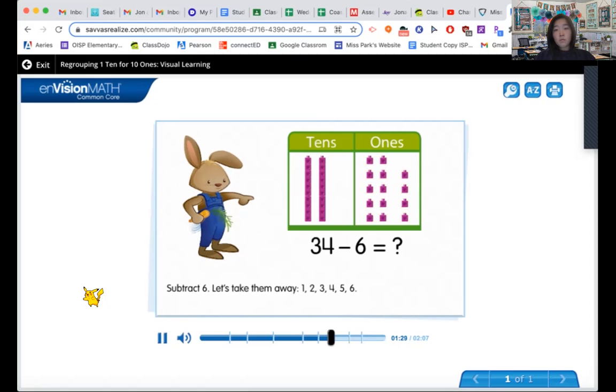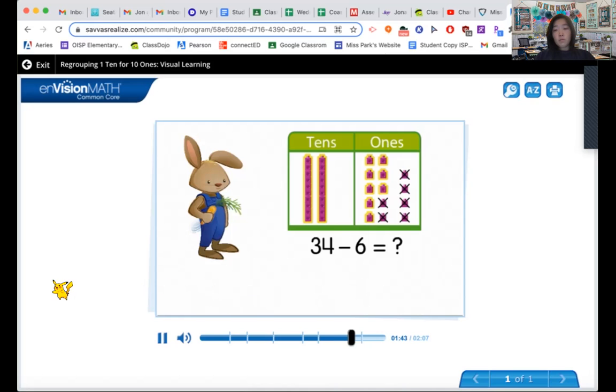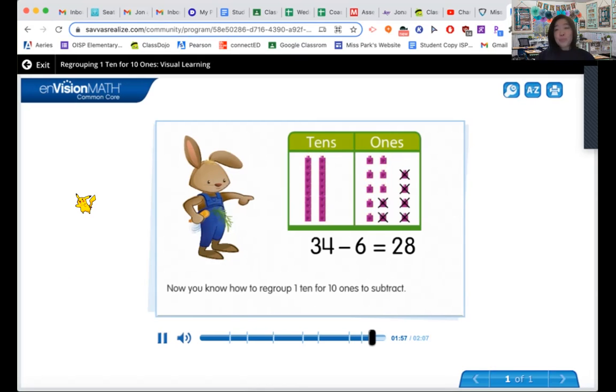Let's take them away. 1, 2, 3, 4, 5, 6. How many tens are left? How many ones are left? Now there are 2 tens and 8 ones. What is the difference? 34 minus 6 equals 28. Now you know how to regroup 1 ten for 10 ones to subtract.